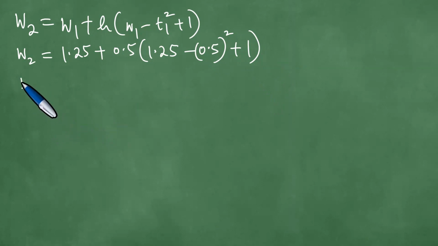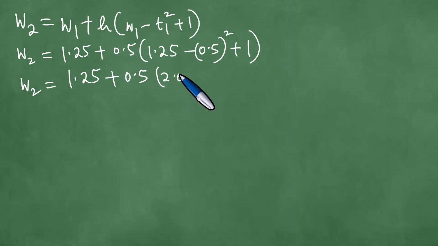And so now let's just simplify W2. 1.25 plus 0.5, and then if you do everything here, it's 2.0 and then 2.25. So obviously this is what we get for W2.